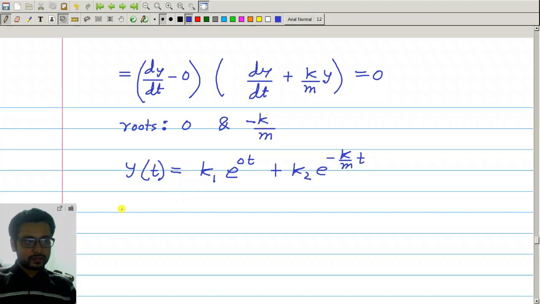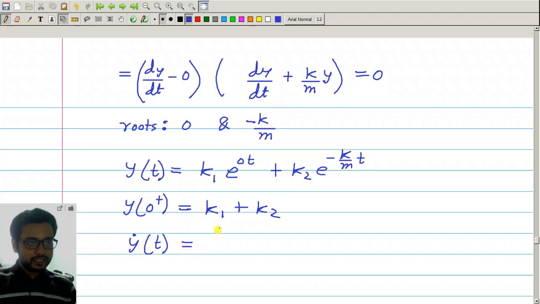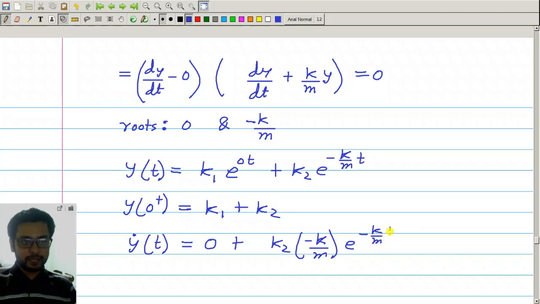Now put y equal to y(0+), t equal to 0+, so this is k1 plus k2, and if you differentiate this equation, then we have y dot(t) equal to 0 plus k2 multiplied by minus k by m e to the power minus (k by m)t.